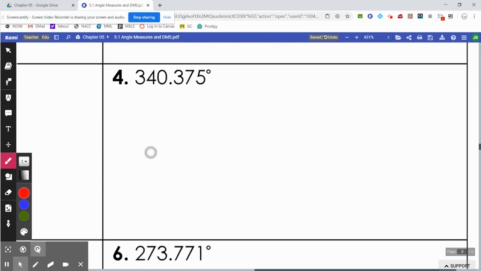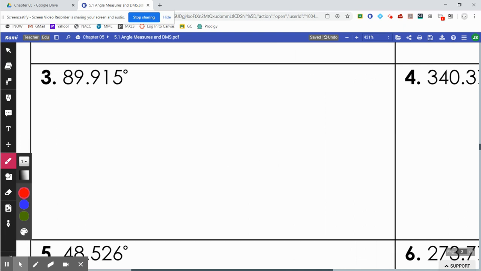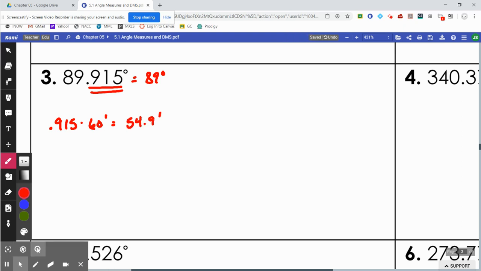Number three, you have again 89 full degrees. Let's take our remnant or our leftover, 0.915, and let's find what portion of a full degree, which is 60 minutes, that is. So let's do 0.915 of 60, and we get 54.9 minutes.